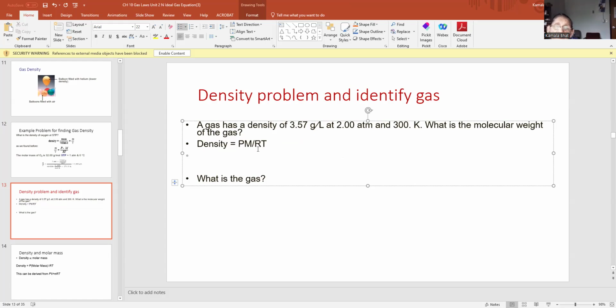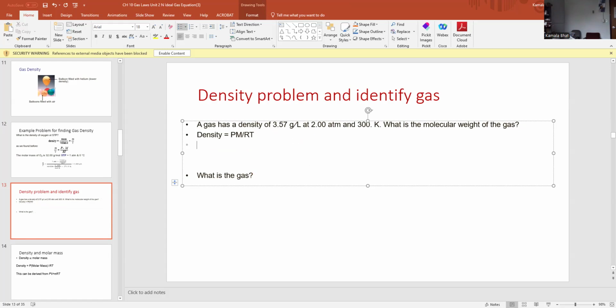All the factors are given: the density, the pressure. So let's go and substitute for the terms.